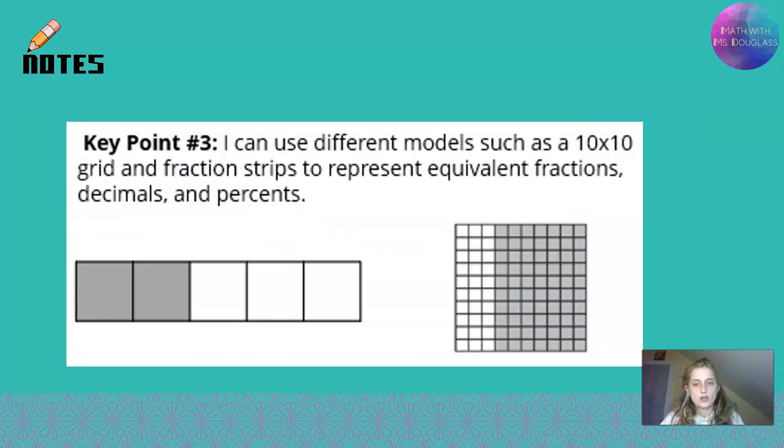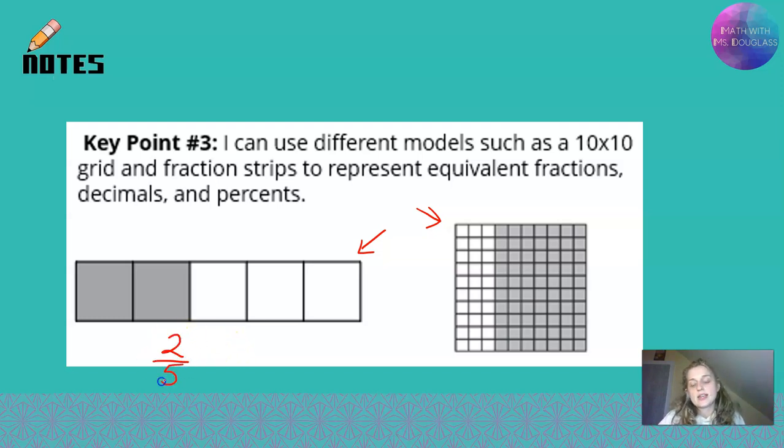Throughout this unit, I'll also give you pictures of fractions, like these 10 by 10 grids, 10 across by 10 tall. That means there are 100 pieces, 100 little squares in here. Or I'll give you fraction strips that are not always out of 100, and I'll expect you to be able to write the fraction amount that's either shaded or not shaded, depending on what the question is asking.